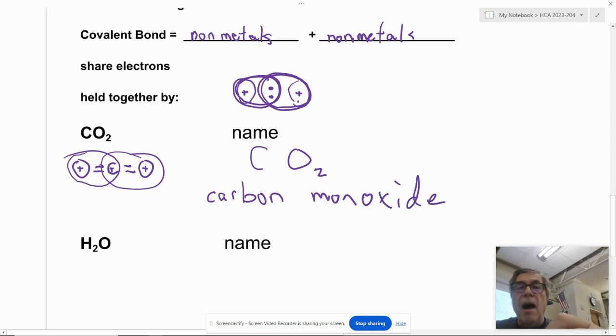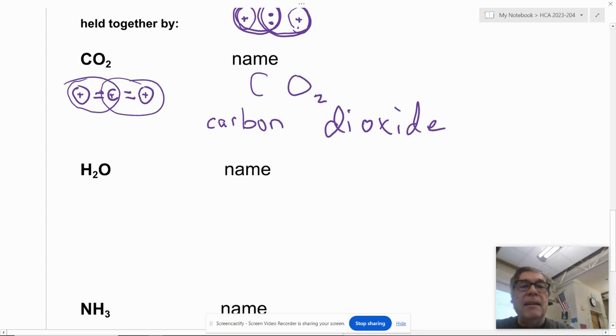Oops, not mon. Carbon monoxide would be CO. How many oxygens are there in this compound? So what's the prefix that's going to be used? Dioxide, yeah. And what about this one?